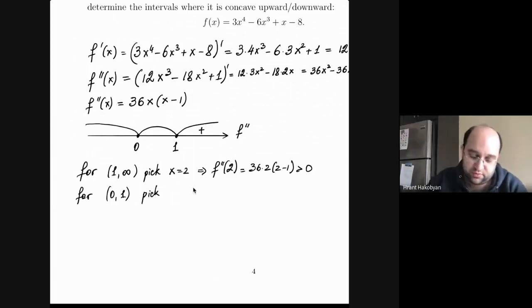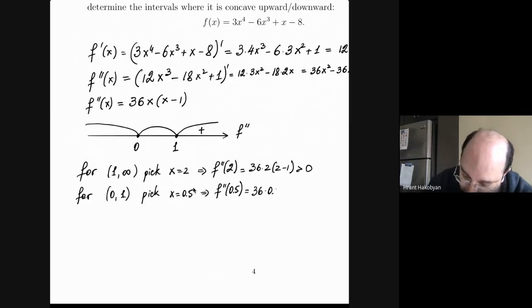I can pick the point 1/2, 0.5. Then the second derivative at that point 0.5 is 36 times 0.5 times 0.5 minus 1.